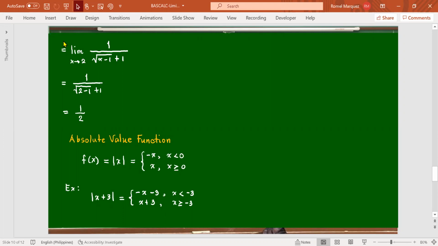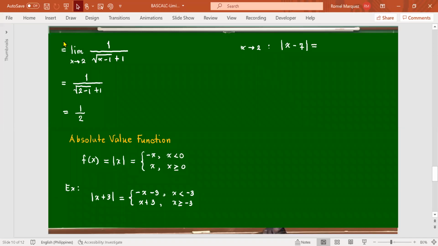Let's say I know that x is close to 2. Let's say I have x approaching 2. How can we simplify this absolute value? For example, I have the absolute value of x minus 7. Since x is close to 2, x is perhaps 1 to the left and at most 3 to the right.